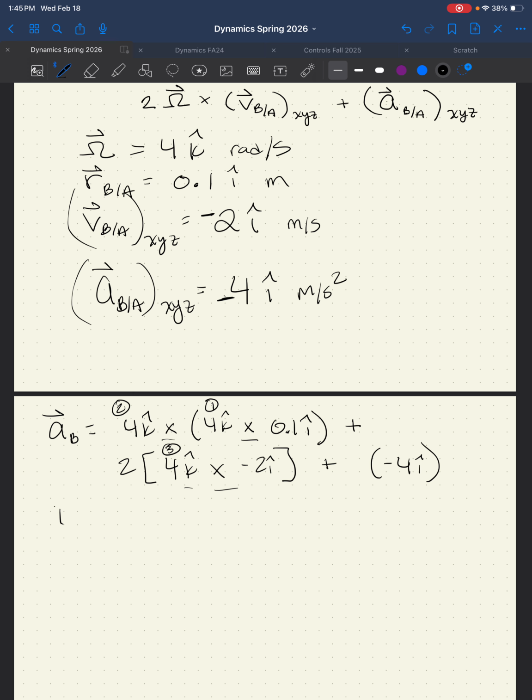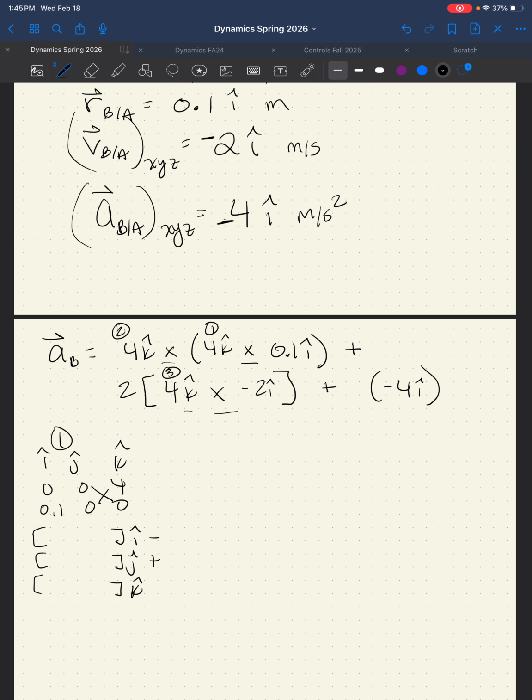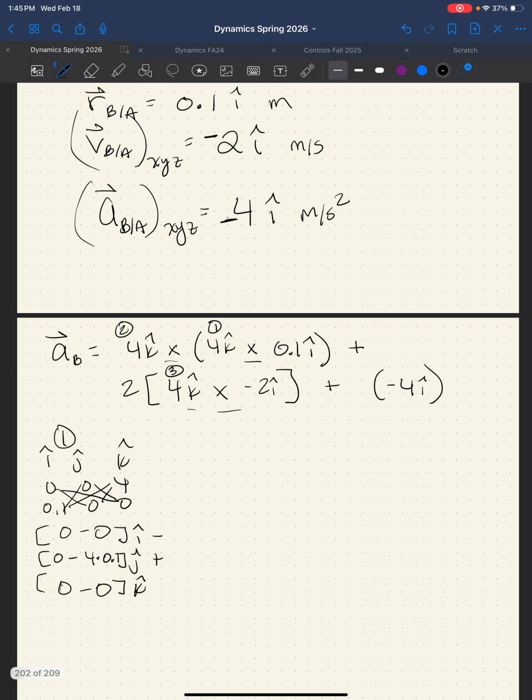So 1 is i, j, k, 0, 0, 4, 0.1, 0, 0. i minus j plus k. All right, 0 minus 0, 0 minus 4 times 0.1, and then 0 minus 0. So a negative and a negative. I think I have 0.4 j hat. All right, second cross product.